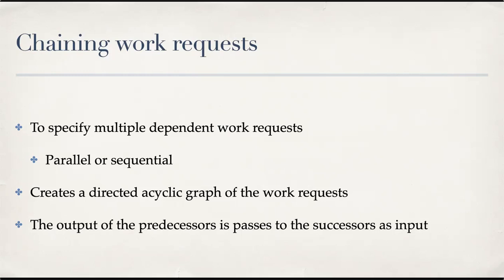So you want to make sure the dependencies are downloaded and installed first, and then only go to downloading, installing the dependent part. So you can achieve that by chaining your work requests.